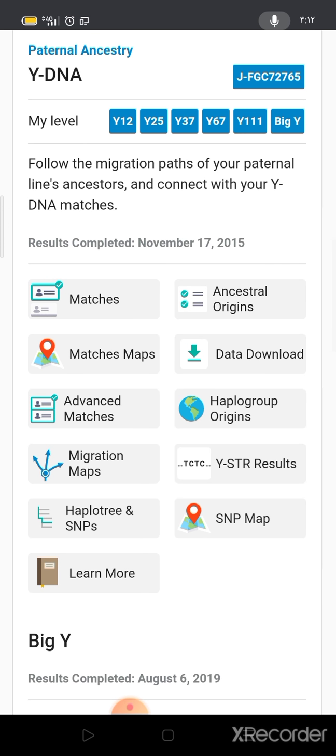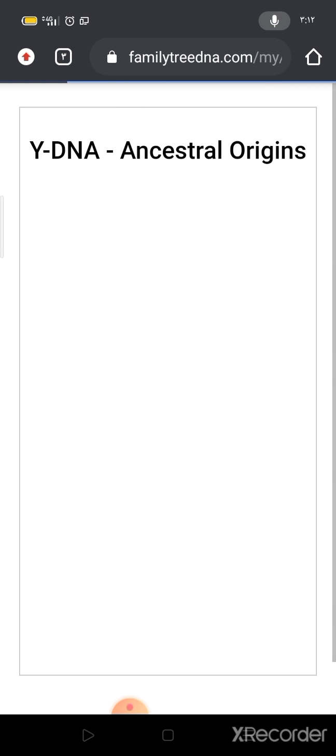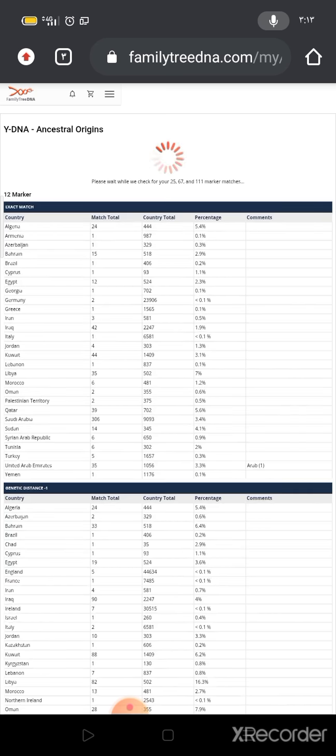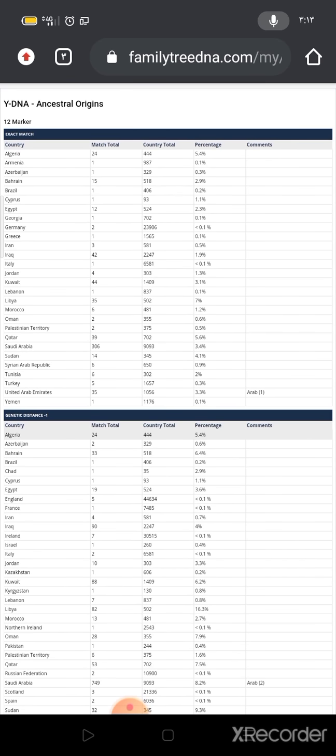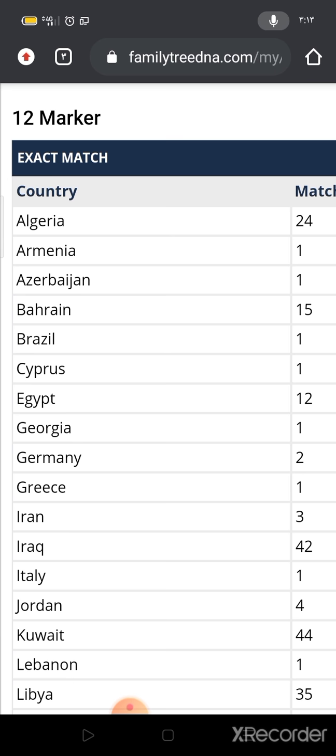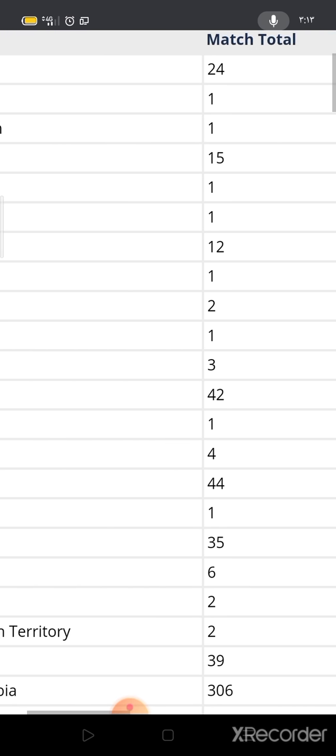Here we have many options. We have ancestral origins. Here it's telling me about the people in the 12 markers, the countries, and the number of people who are tested.